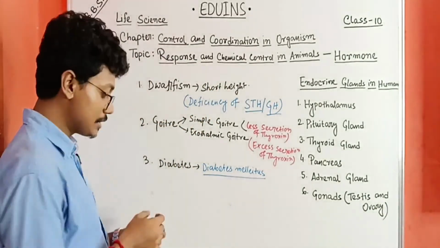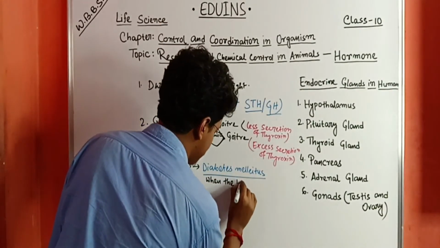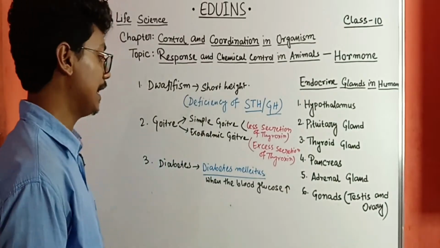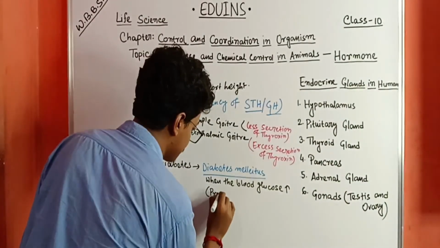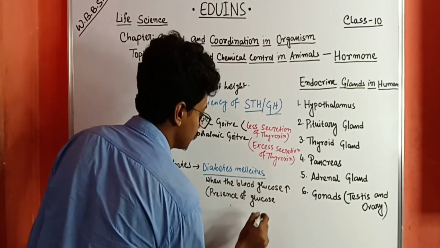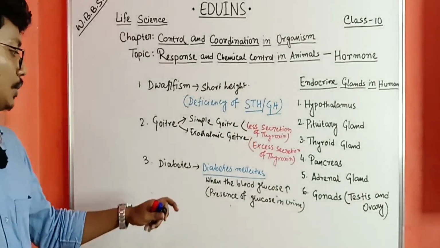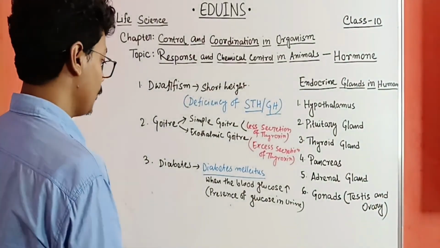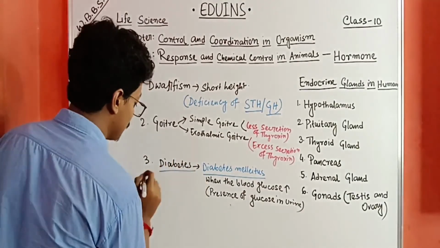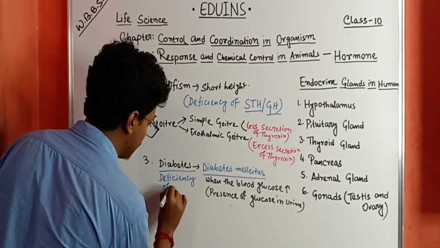When the blood glucose level increases, then there is the presence of glucose in urine. This condition is known as diabetes mellitus. Why does diabetes mellitus happen, or what is the reason? The deficiency of insulin.